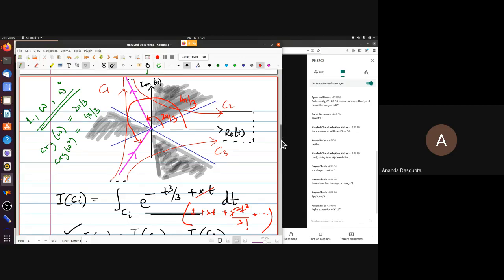And the basic idea behind the saddle point approximation technique is this. Firstly, let me just get rid of the clutter here again.